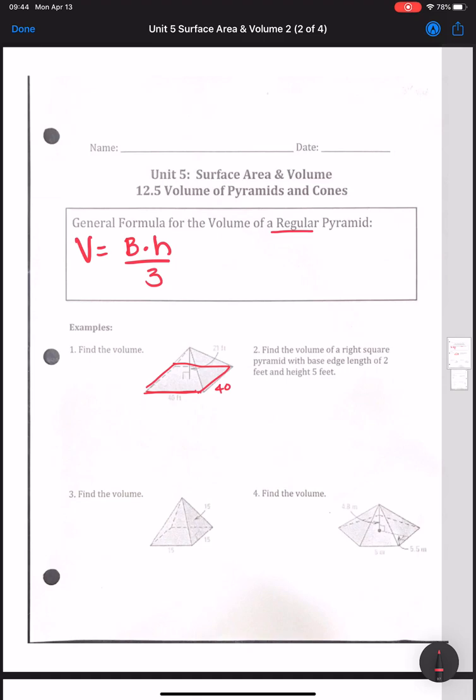So just as a reminder, that B stands for the area of the base, and H is the perpendicular height to the base.